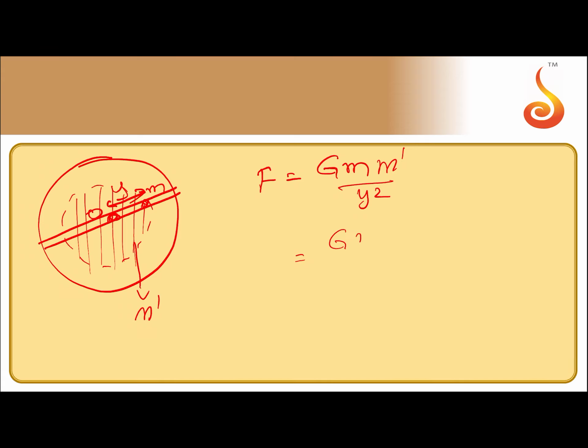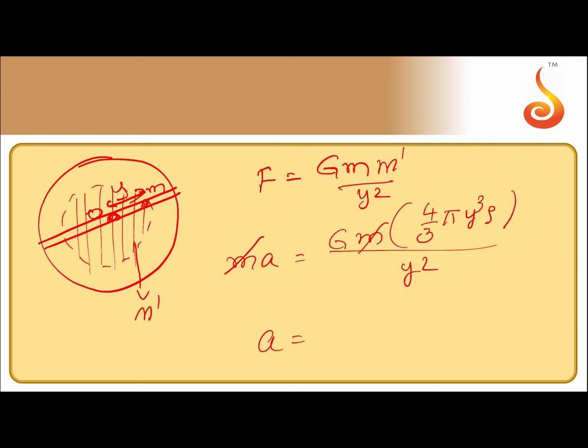So this is G m. M dash is nothing but, what is it going to be? Because the density is given, I can straight away write 4 by 3 pi y cube into rho divided by y square. But this force is mass into its acceleration. So you can notice that this m and this m cancel, and one set of y square cancels here. So we are left with G into 4 pi into rho into y divided by 3.